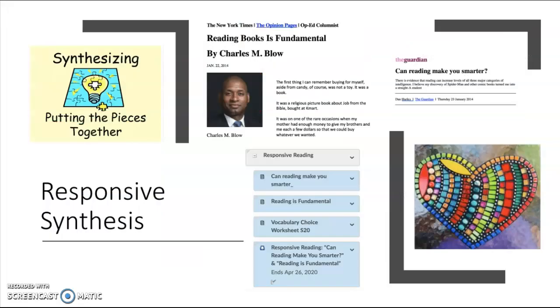This week you have 2 short articles to read. Here is the difference with this week. Since you have both Reading is Fundamental and Can Reading Make You Stronger, these are 2 different articles. They're both short. And they have different ideas, but they have some themes that go along with both of them.